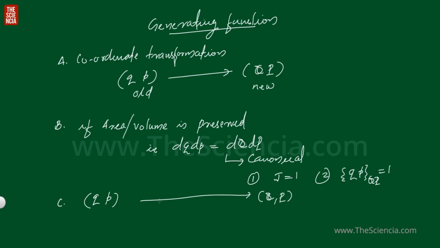For this transformation, we need a generating function, and canonical transformation is done through a function. It is called generating function. That function will connect the old set of coordinates and the new set of coordinates. So this generating function we represent by F.